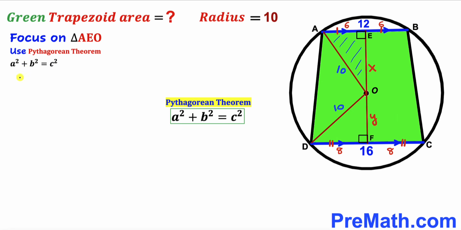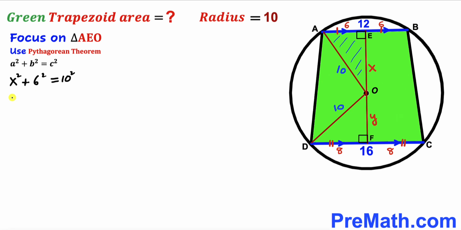Filling in the blanks, we get x squared plus 6 squared equals 10 squared. Simplifying, x squared plus 36 equals 100. Subtracting 36 from both sides, x squared equals 64.